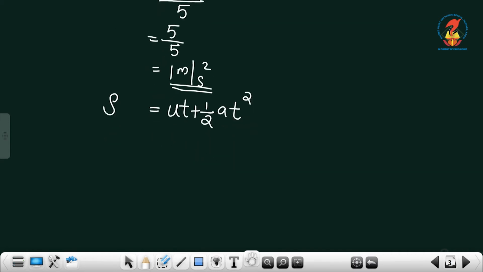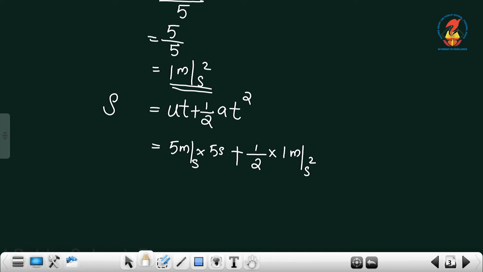S is equal to ut plus half a t square, that is u is 5 meter per second into 5 second, plus 1 by 2 into 1 meter per second square into time is 5 second into 5 second. So here the second and the second will get cancelled. This second square and this 2 seconds will get cancelled.